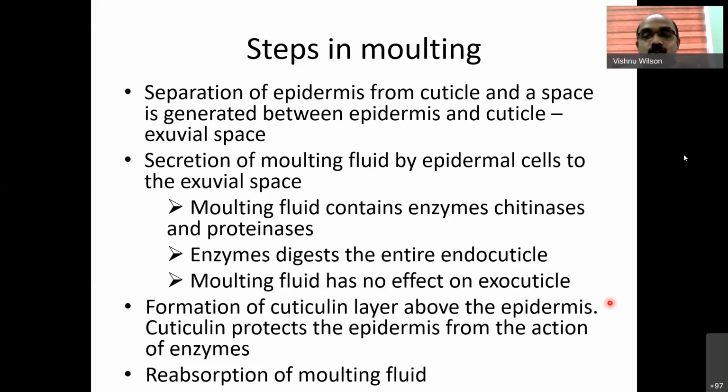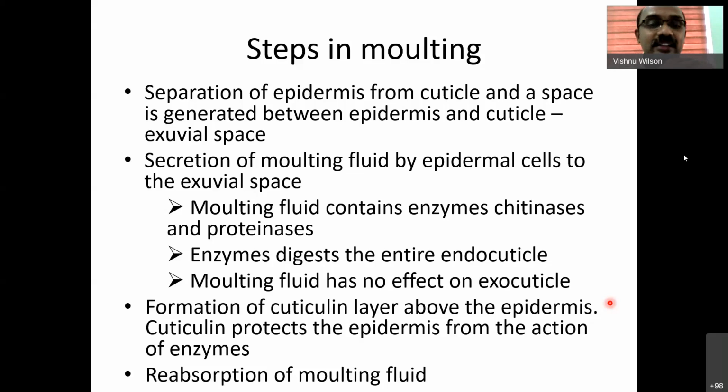During the apolysis process, the old cuticle will get separated from the epidermis, and that space created is called the exuvial space. And into that exuvial space, the space created between the epidermis and the cuticle, a fluid is secreted by the epidermis.